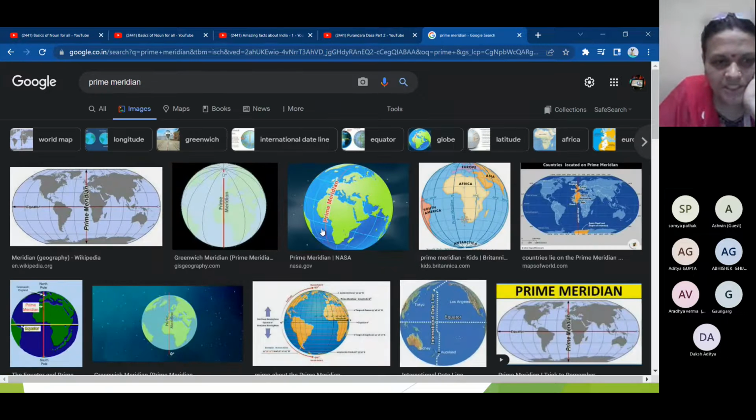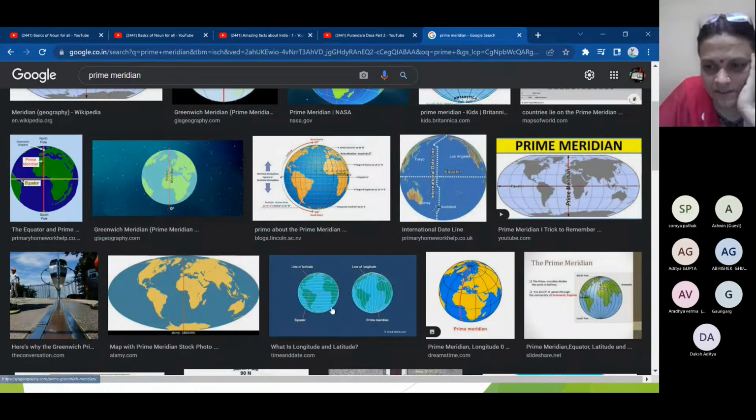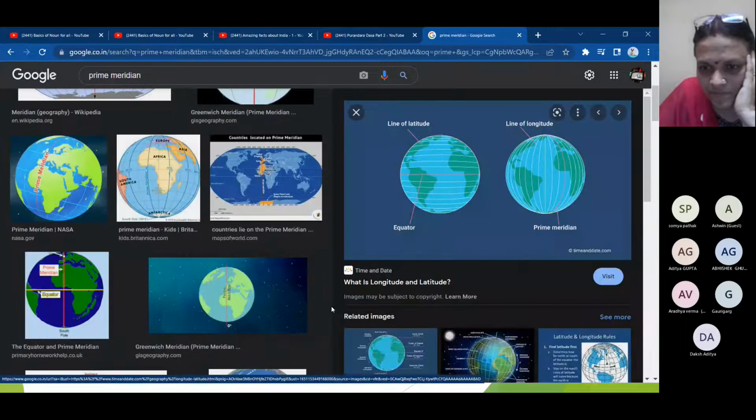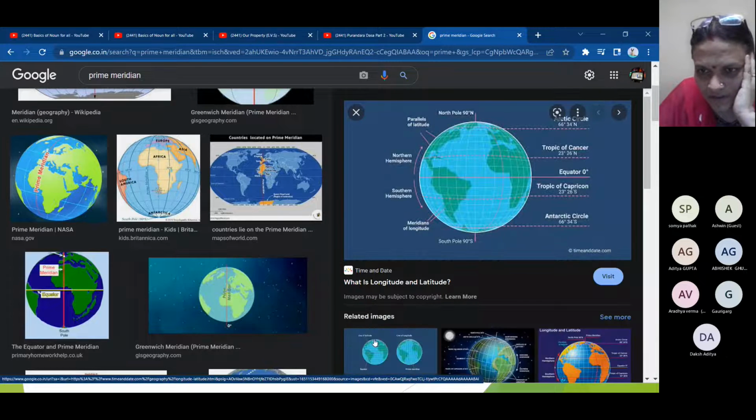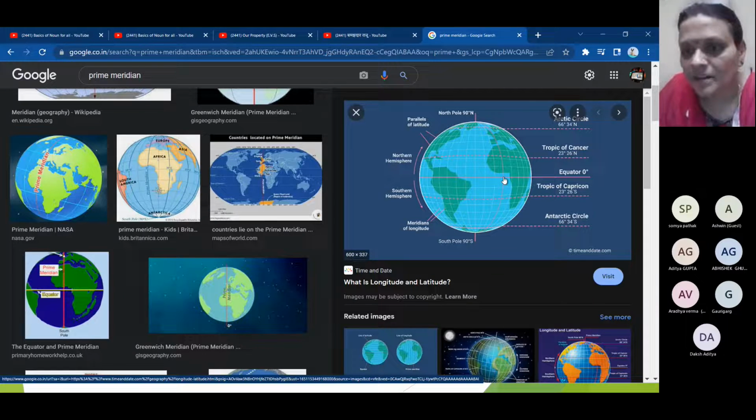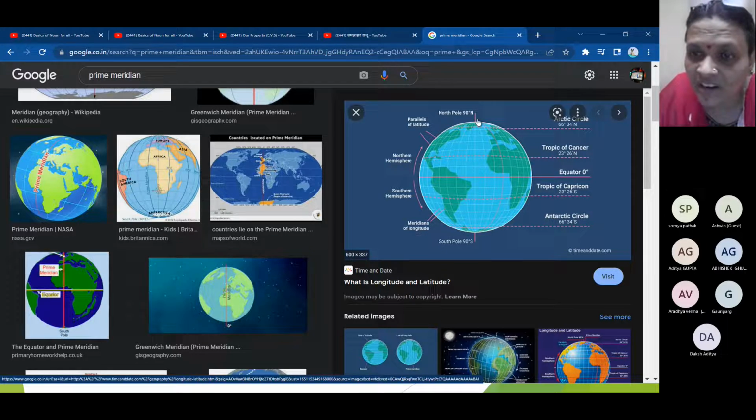See, this is the equator, right? Here it is cutting the equator. So here it has 180-degree and here also 180-degree difference. So it divides the Earth into Eastern and Western Hemisphere.